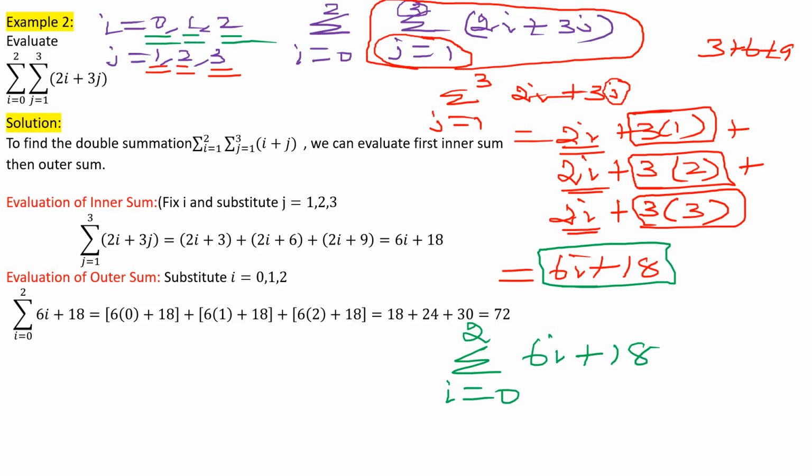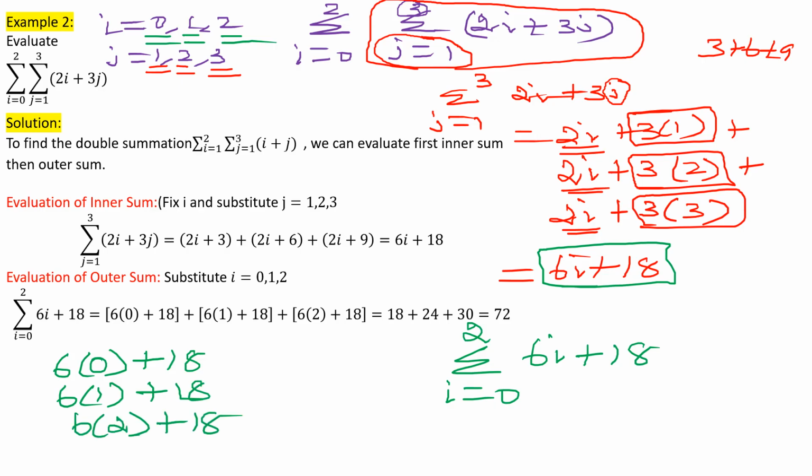If I substitute 0, I will get 6 times 0 + 18, then 6 times 1 + 18, then 6 times 2 + 18. By simplifying this, you will get 72. So the answer for this double summation, i varying from 0 to 2, j varying from 1 to 3, of 2i + 3j, is 72.